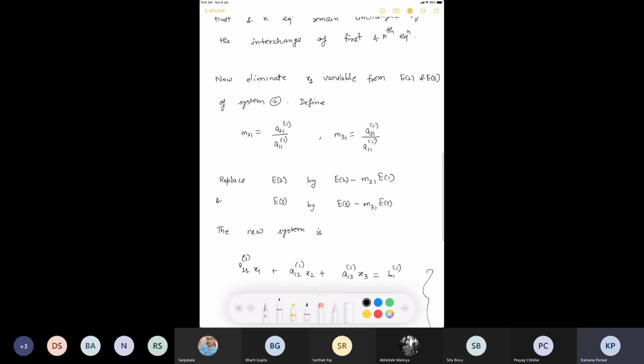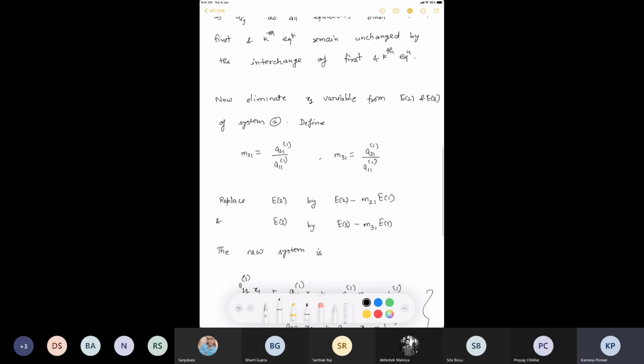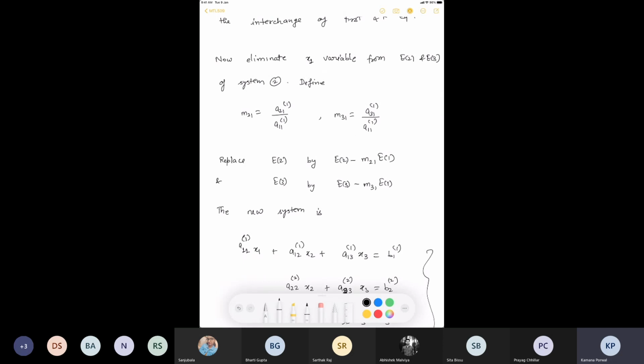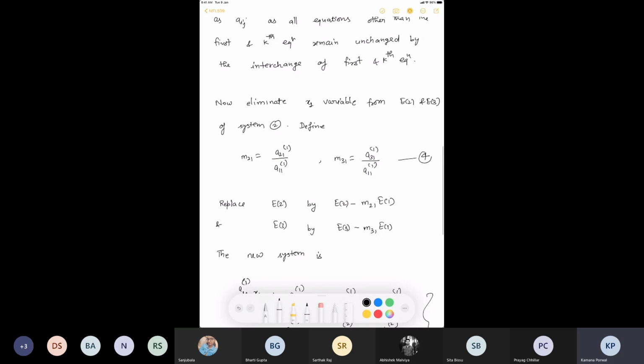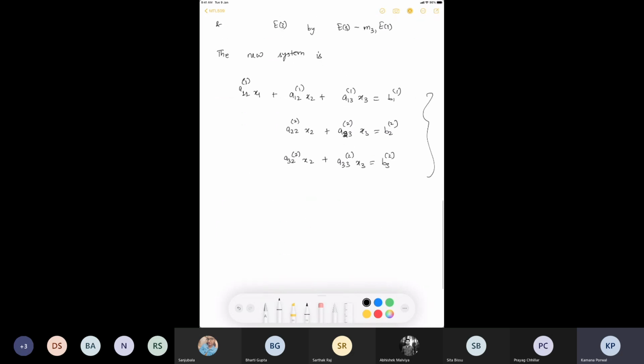So this is going to be 4. Let's number them as well. So this is 3, this is 4, and this is 5. Again, let me refer to these equations as E1, E2, E3.